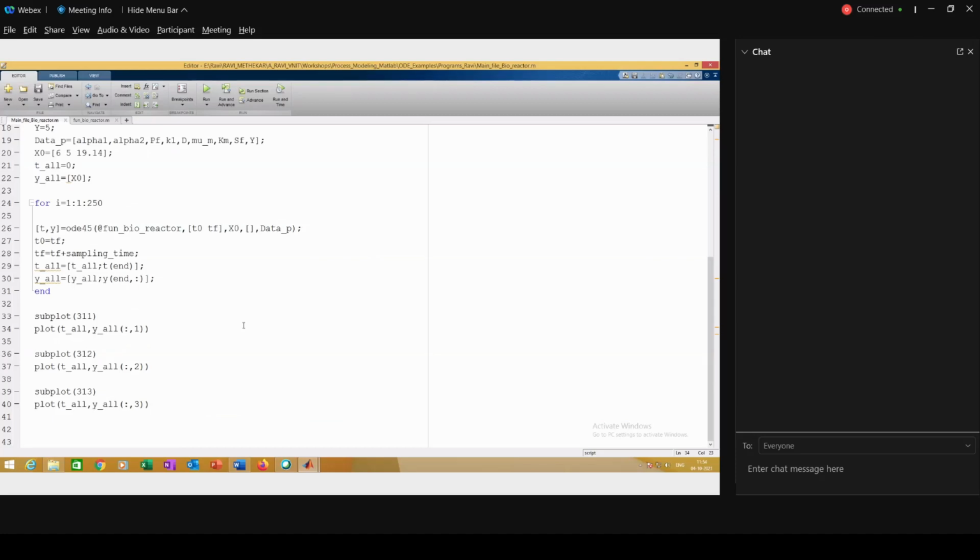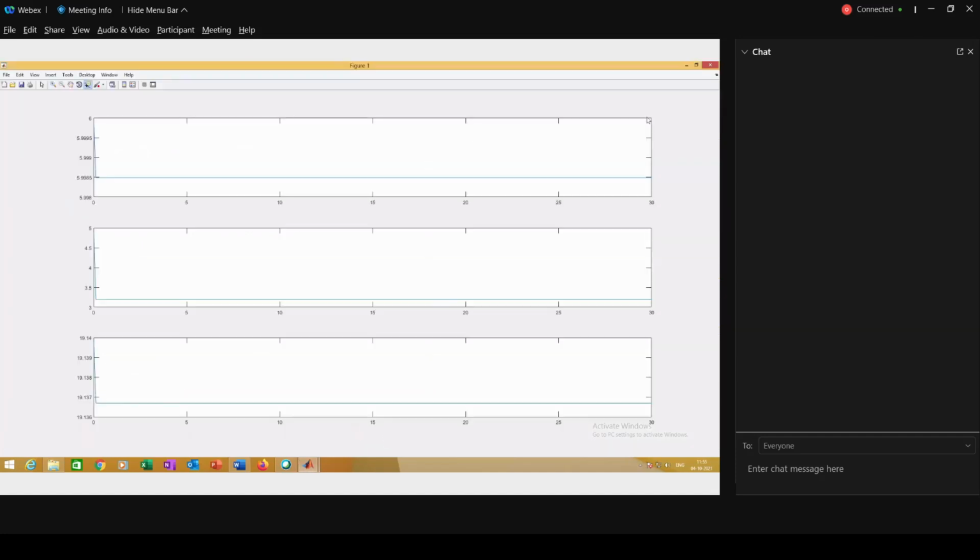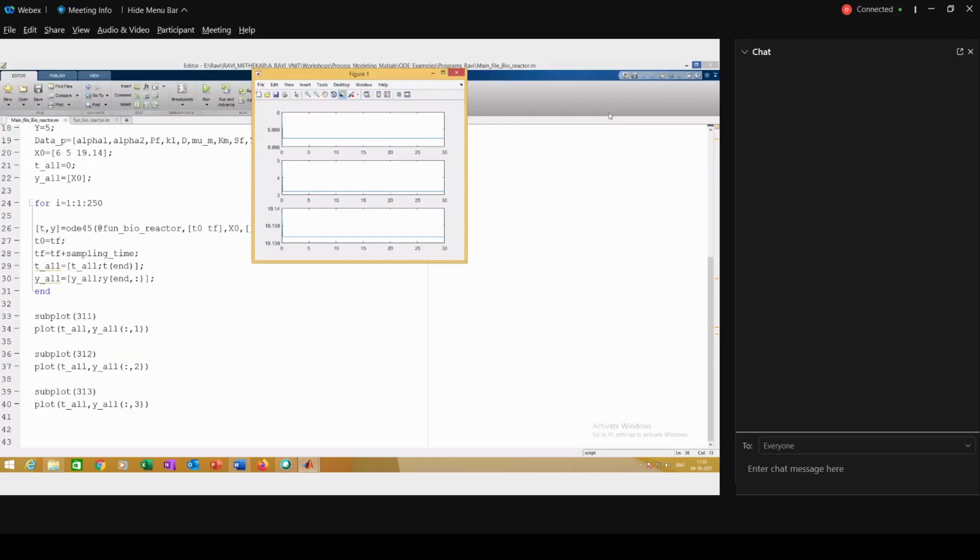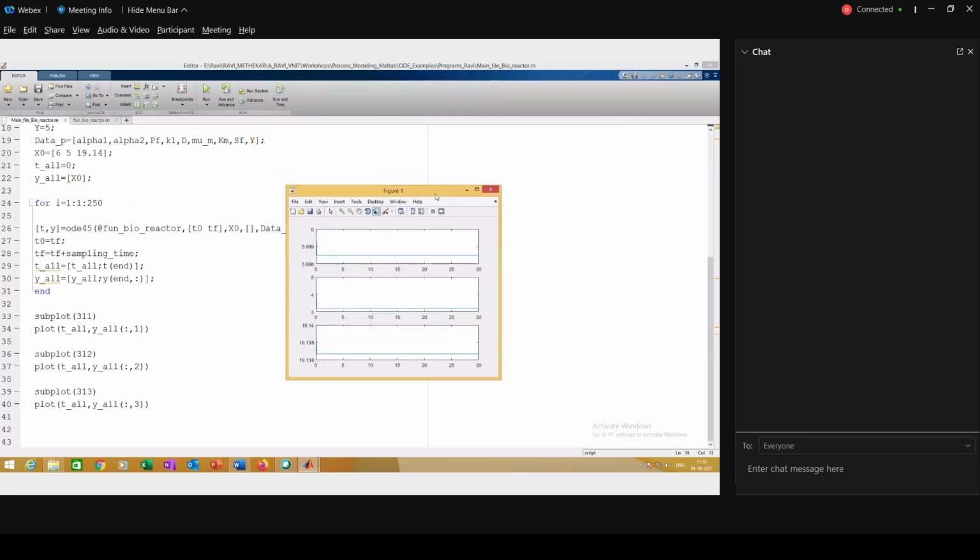So can anyone tell me where I made a mistake? You can just concentrate on this portion of code. Because look at the graph. This graph is not coming as earlier. Can someone point out my mistake?